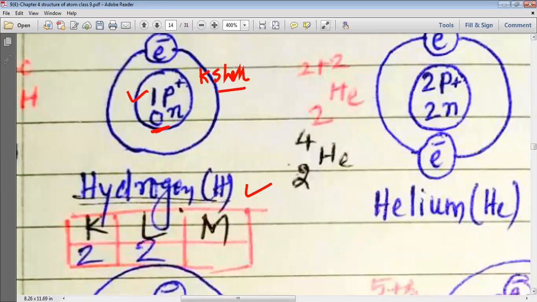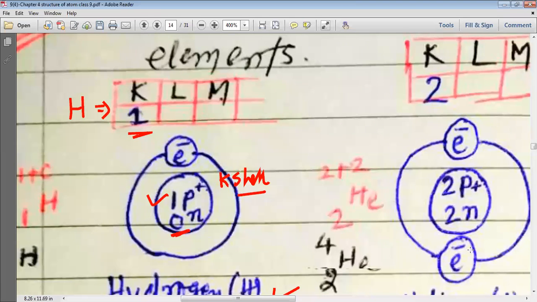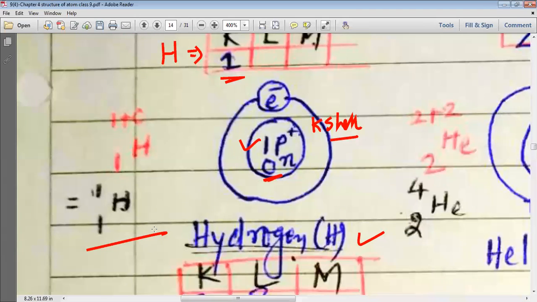So we can represent the electronic configuration of hydrogen as 1. Now we want to determine the atomic number and atomic mass number for hydrogen. To determine these, my dear students, we write the representation of the element.